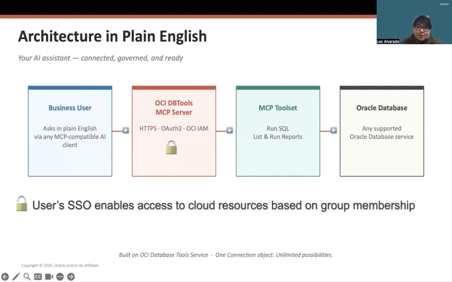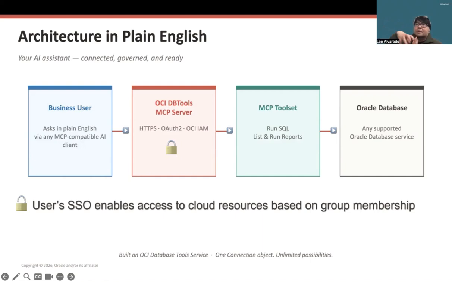You can see here on the left, the business user can interact with any MCP compatible AI client, whether that's an AI assistant, code assistant, agent platform, or custom application. Then the request is sent to the OCI database tools managed MCP server.